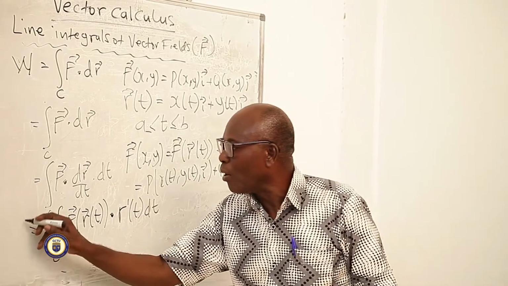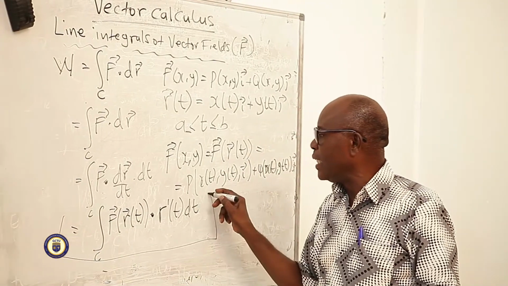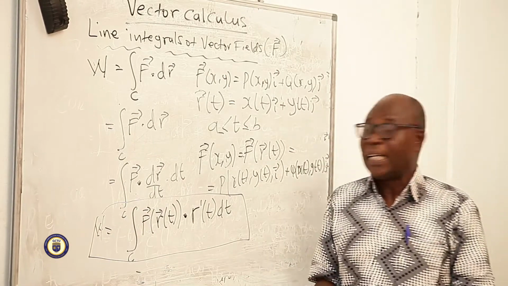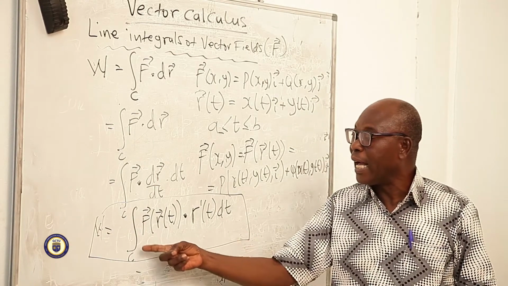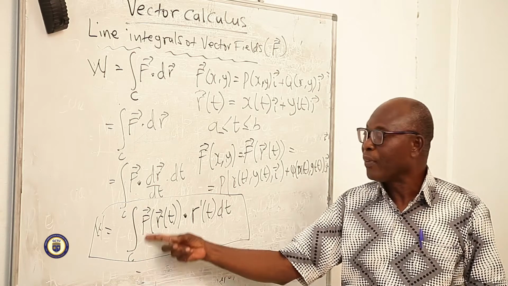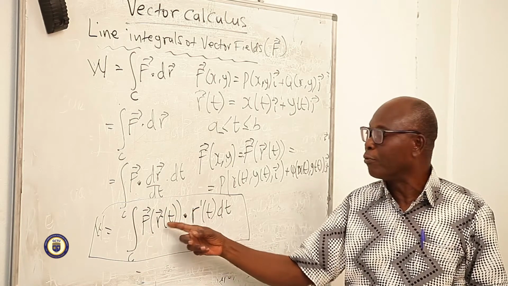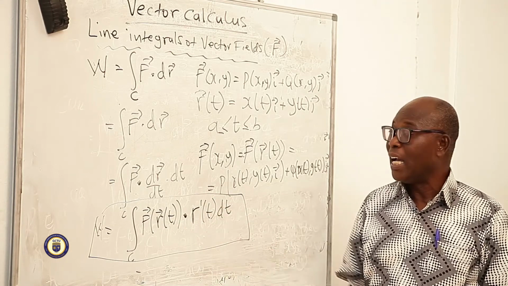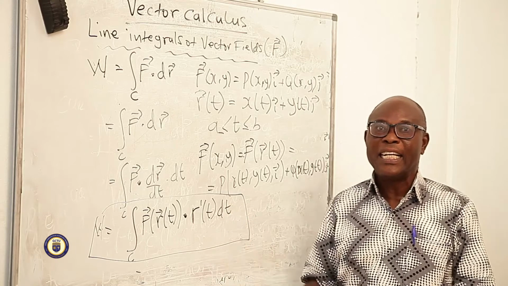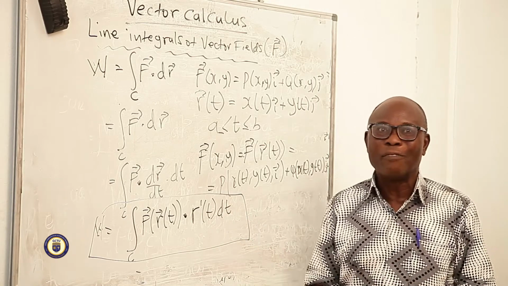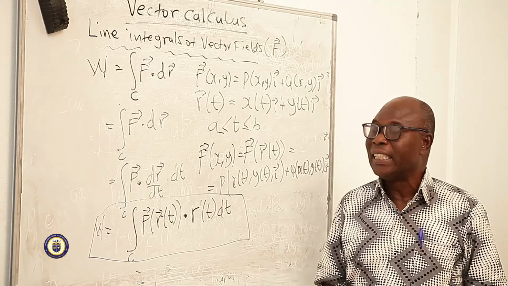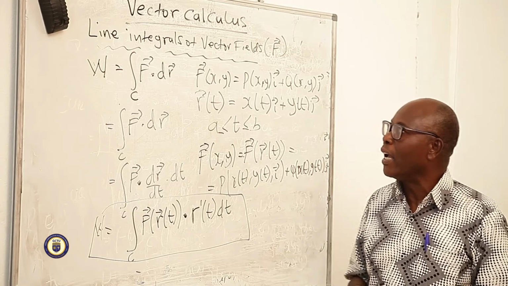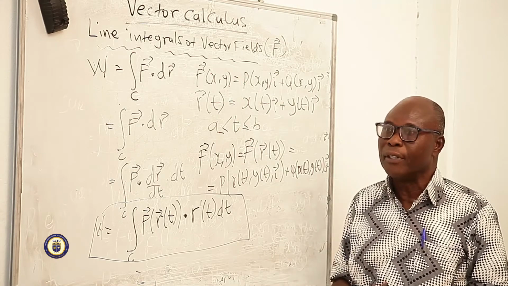So when we are using parameters, this is how we write the line integral: the integral along the path C of F at r of t dot r prime of t dt. And when you express the line integral in this form, life becomes very easy in calculating the line integral of a force, a vector field or vector force.